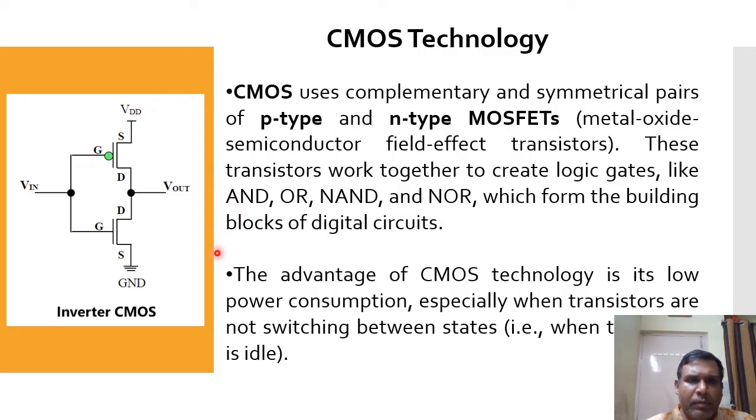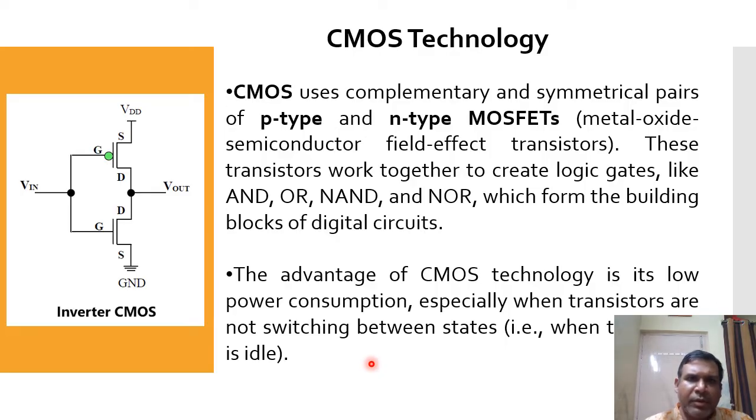Just now I explained that a CMOS circuit basically consists of one P-type MOSFET and one N-type MOSFET. MOSFET is nothing but a metal oxide semiconductor field effect transistor. These transistors work together to create logic gates like AND gate, OR gate, NAND gate, and NOR gate, which form the building blocks of digital circuits.